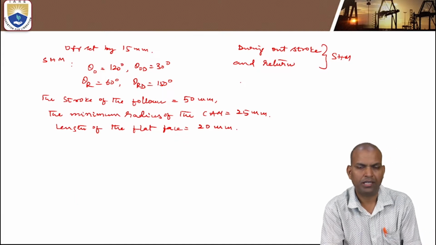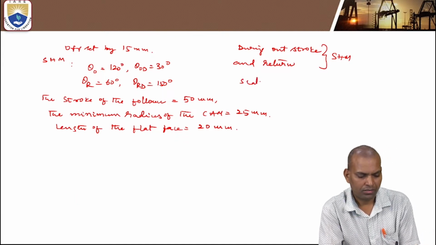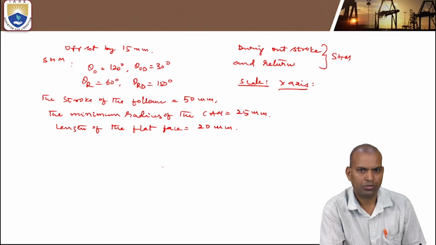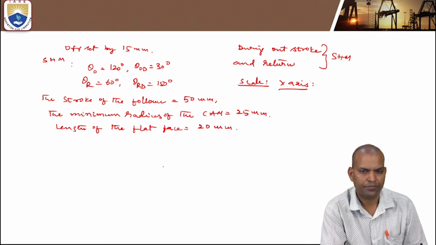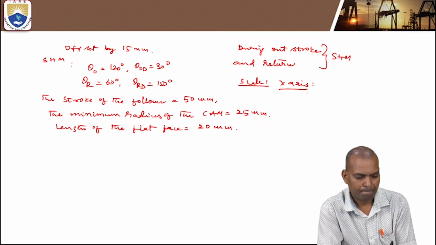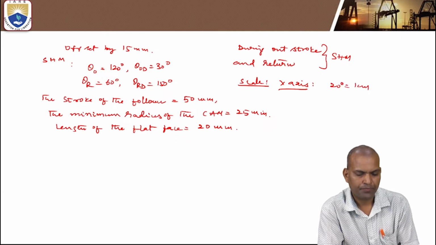For that, take a scale for the displacement diagram. On the x-axis, we consider the rotation of the cam. On the y-axis, we consider the lift or stroke of the follower, that is 50 millimeter. Now here, we consider 20 degrees equal to 1 centimeter.